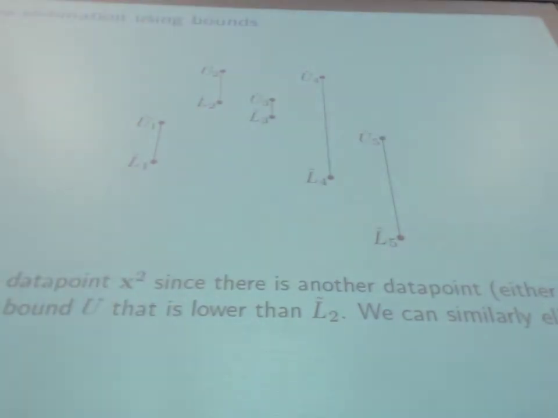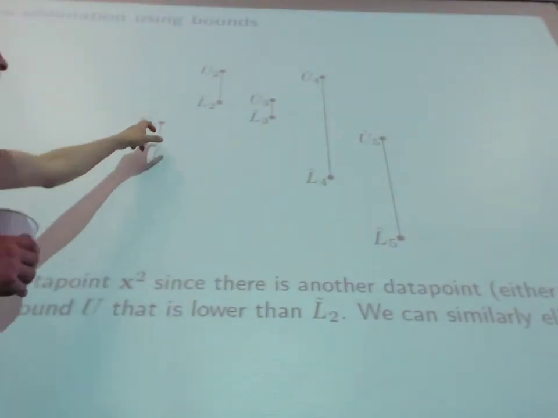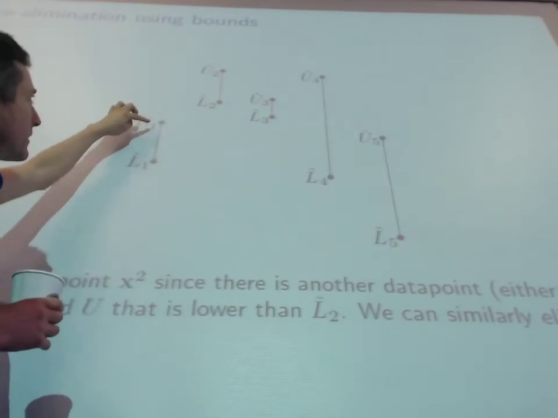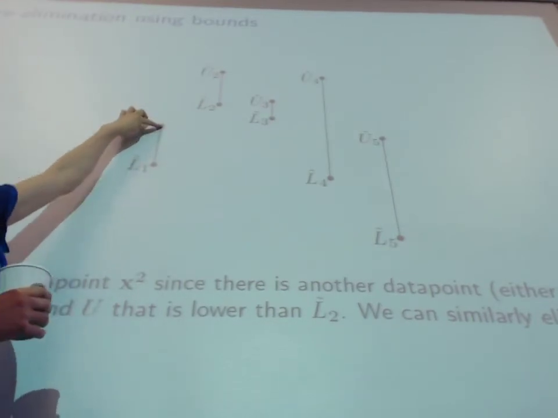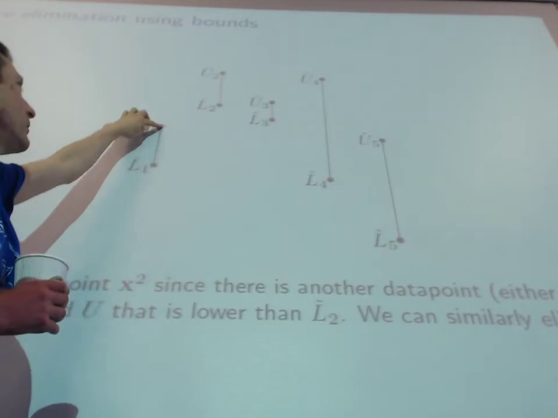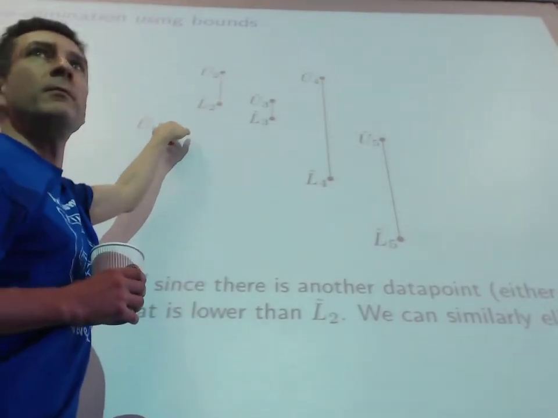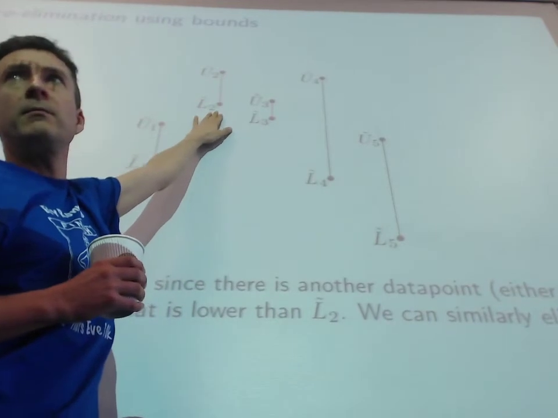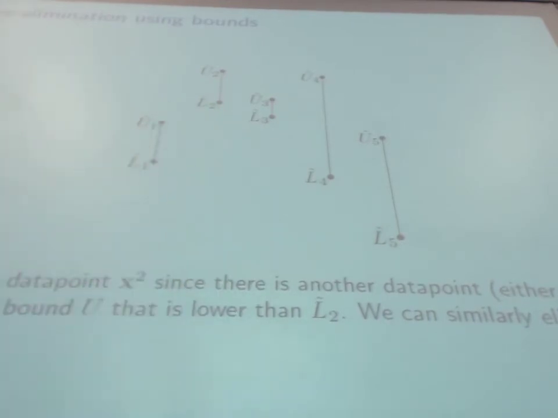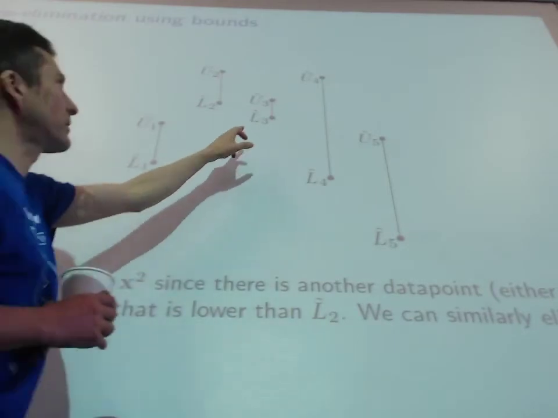So if you look at this one here, the distance between q and x1 is at most this value here. The distance between q and x2 is at least that value there. That value there is higher than this value. So there's no point considering this x2. It cannot possibly have a distance smaller than x1. And similarly for x3.